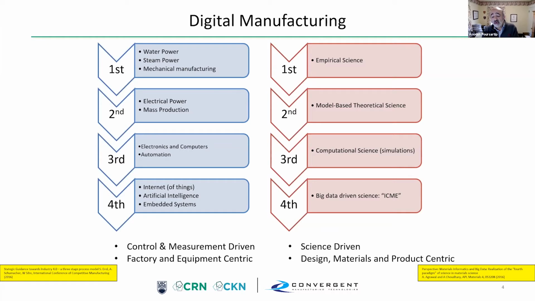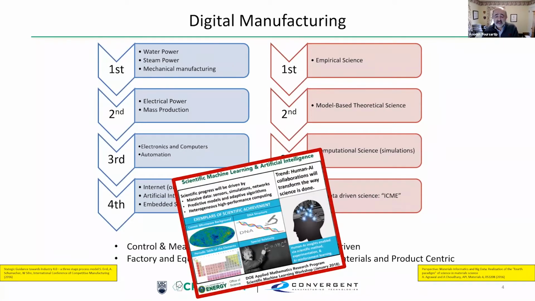And now, of course, what we're doing is we're saying, hey, what does it look like as we bring it together with sort of the data-driven approaches, and we get into this world of integrated computational materials engineering. And in recent times, there's been lots of talk about what people are calling scientific machine learning, scientific AI.